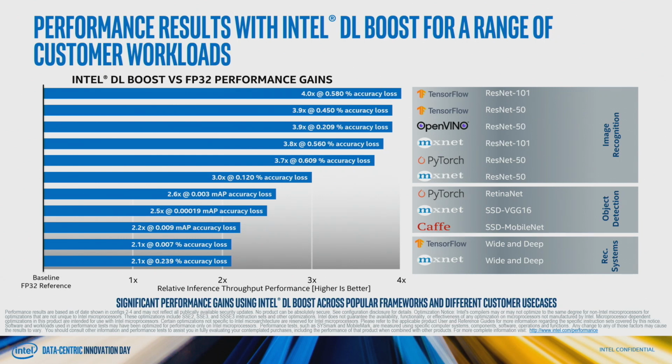So you start from the left, the baseline here is optimized Skylake FP32. So not the one at launch, but the optimized version. And then the bars represent the 2 to 3x performance improvements that we are getting across the different workloads with minimal accuracy loss.